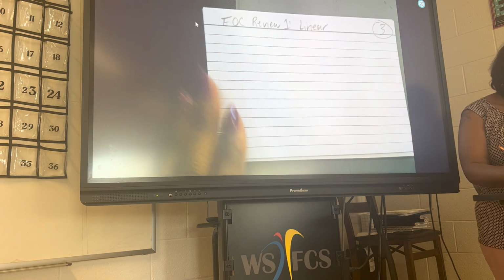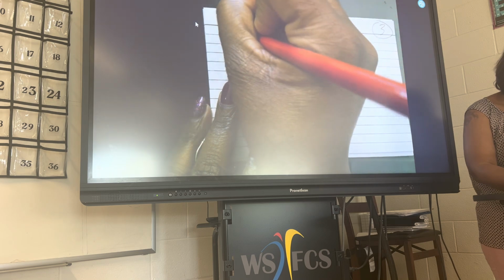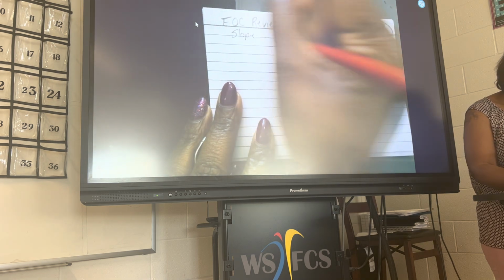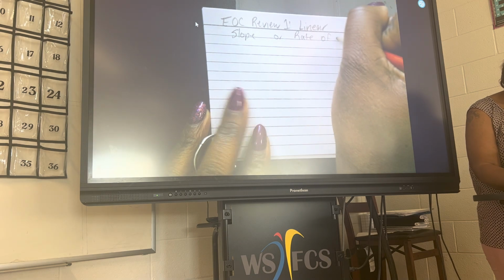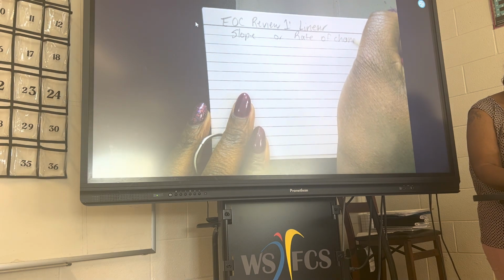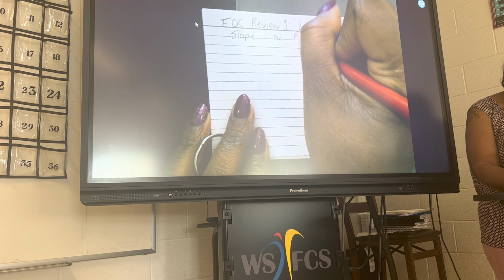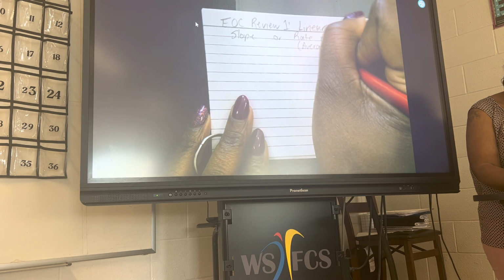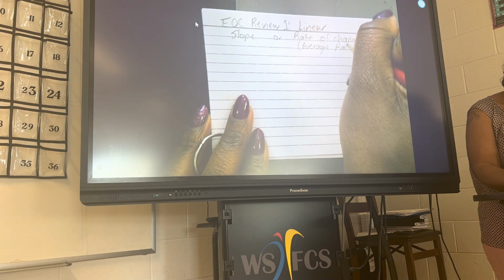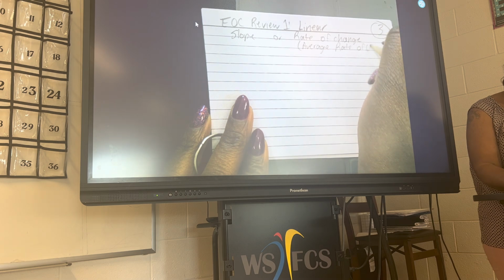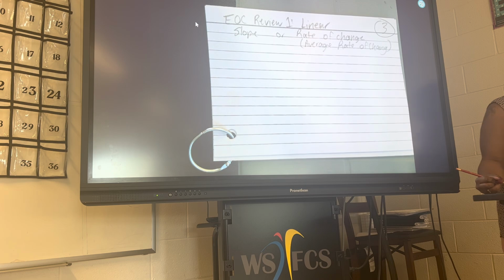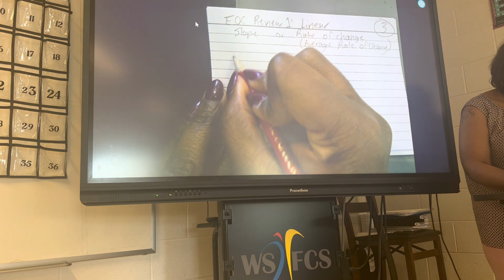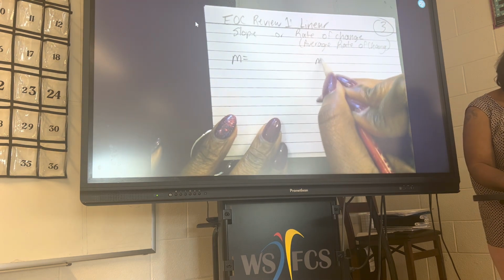Slope. The formula for slope or rate of change. Sometimes they will say average rate of change. What's the formula for slope or rate of change? There are two. What's one of the formulas for slope?